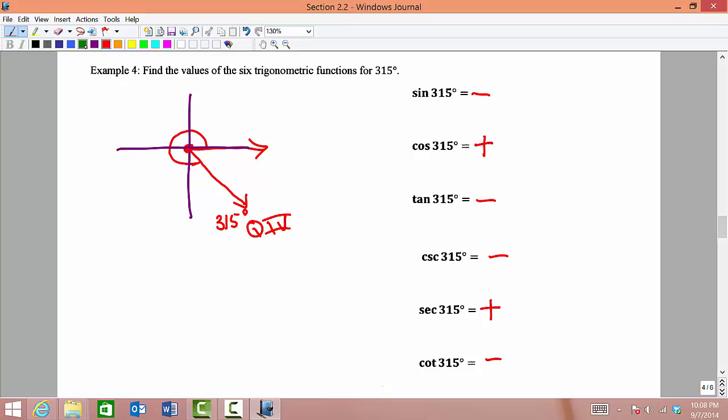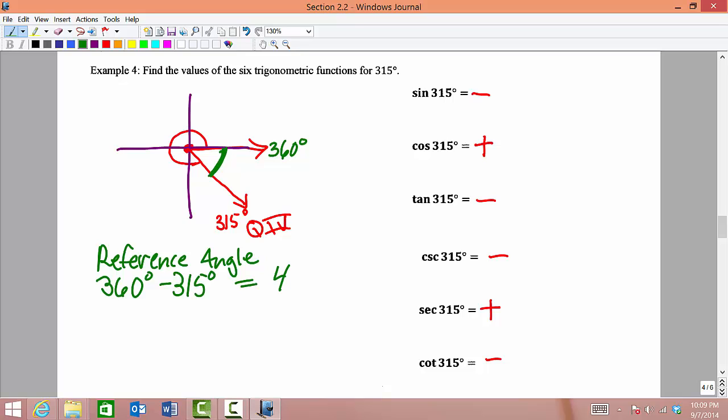And the next thing I would like to know is the reference angle. We know that the reference angle will tell us the numeric values that go behind the signs of all of my trig functions. So for 315 degrees, between its terminal side and the nearest x-axis, which we can think of as 360, that would be 360 degrees minus 315 degrees.